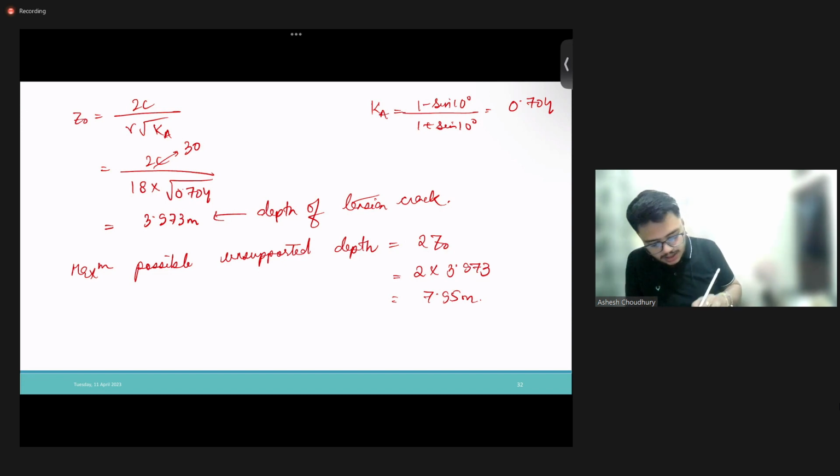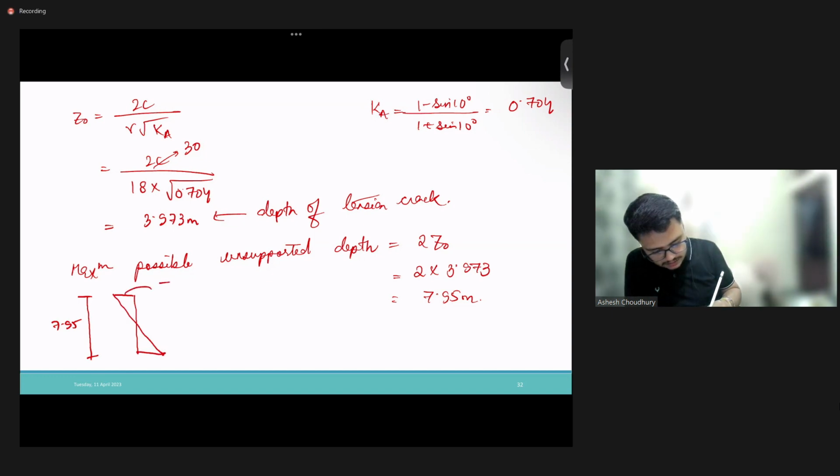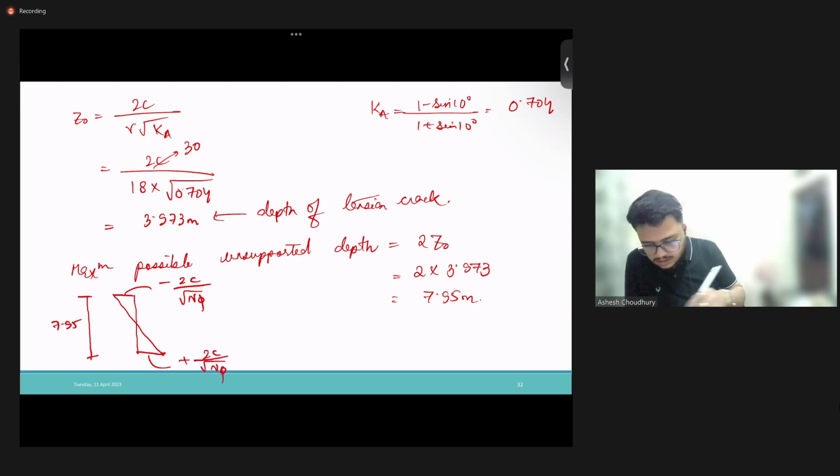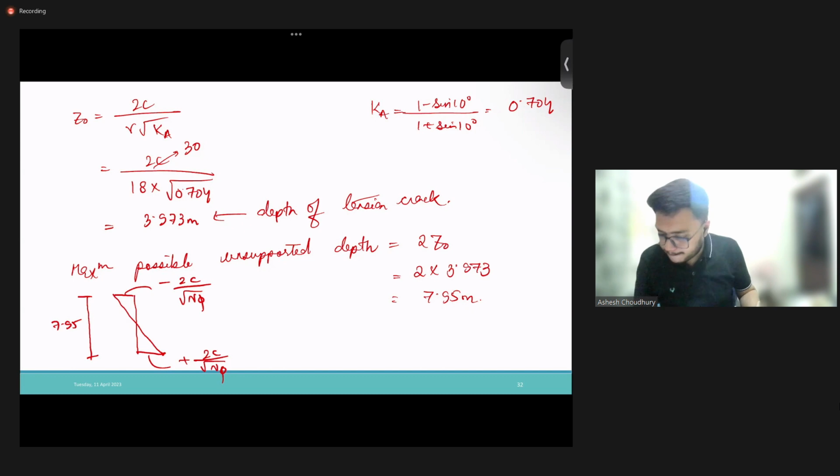So say unsupported depth, say this depth is 7.95, so my active earth pressure distribution will be like this. This is minus C, and this is plus C.